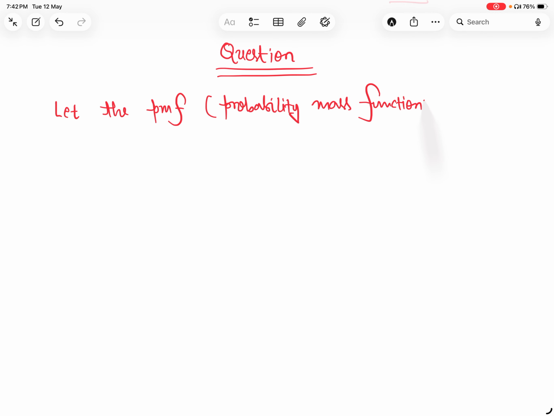Here is a mass function: p is positive at x equal to minus 1, 0, 1, and 0 elsewhere as well.